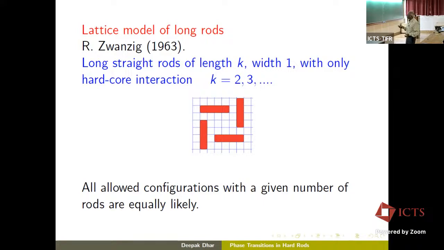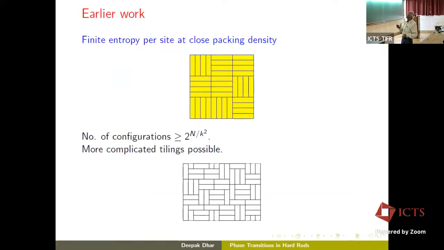And all allowed configurations with a given number of rods are equally likely. That is the whole definition. You take some lattice, put in a fixed number of rods, and ask what is the average behavior of such a configuration. Okay, so there is the earlier work. And the first thing to realize is that if you take these k-mers on a lattice, there is a finite entropy per site at close packing.